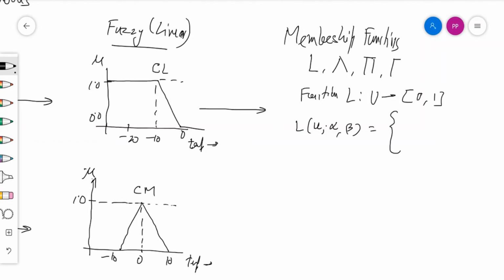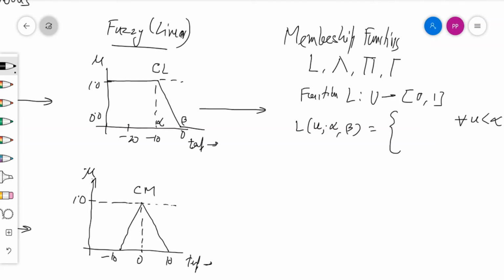We take the range starting from u less than alpha, that is the value from here in the plot. We can see alpha, and the point where the linear curve falls to 0 is beta.